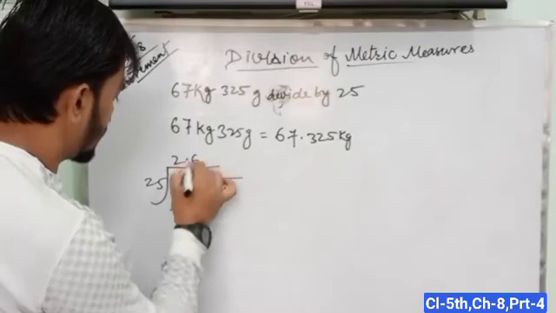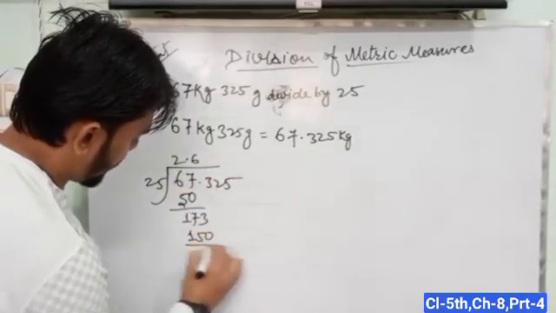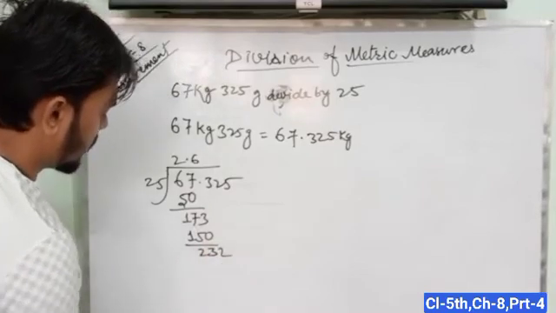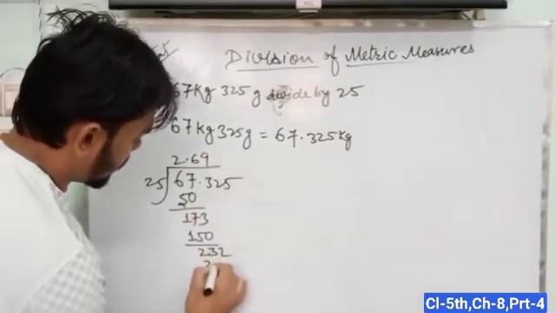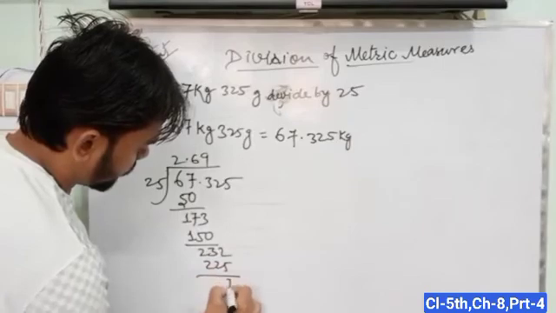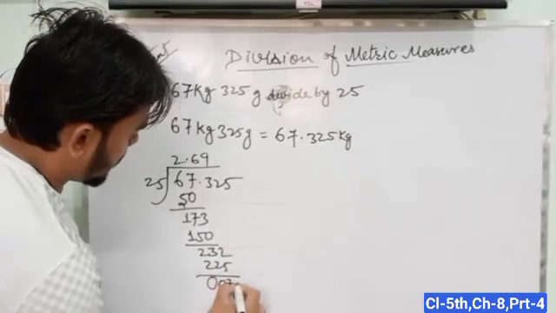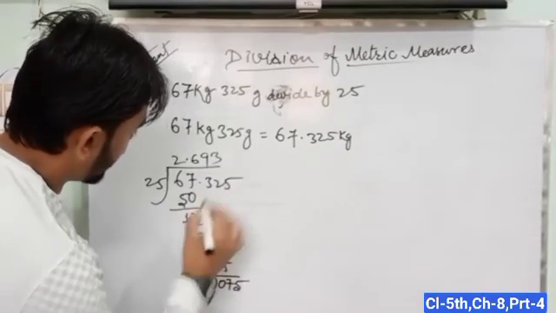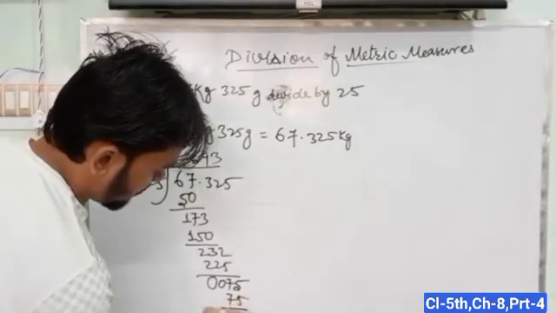25 sixes are 150. 23 is here. Next one is 2. 25 nines are 225. And 7 is here. Next 5 and last 3. 3 times 25, 3 fives is 75.